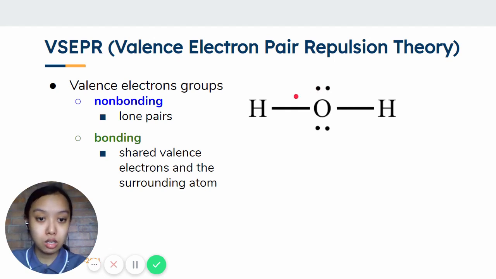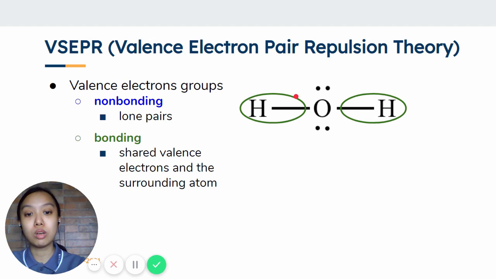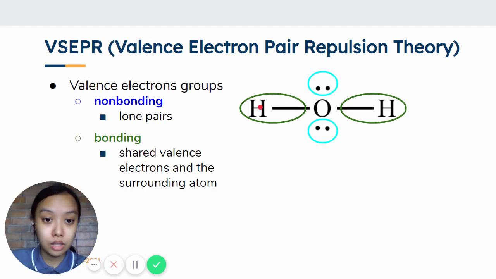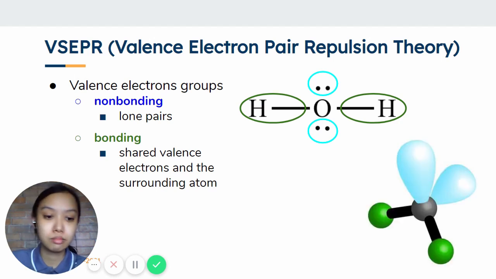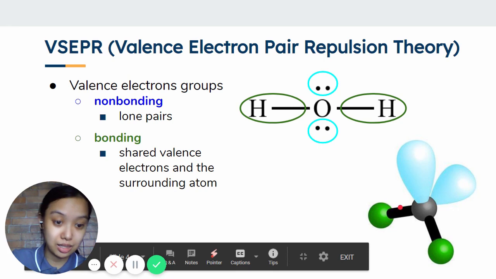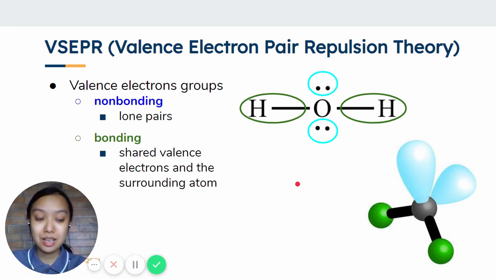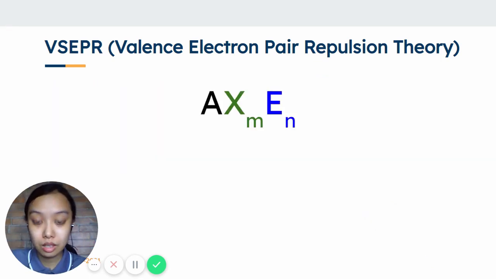Just like right here, the green ones are your bonding electrons, shared between oxygen and hydrogen. Then the light blue ones are your lone pair electrons. And eventually, it forms a structure that looks like this if we follow your VSEPR theory. We'll get into how to form these shapes in a little while.